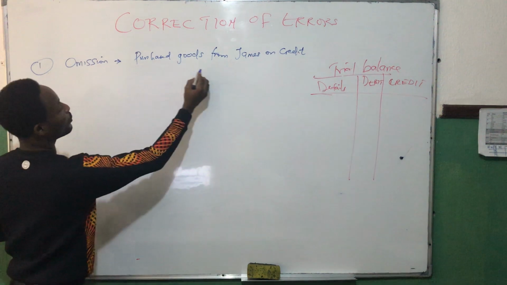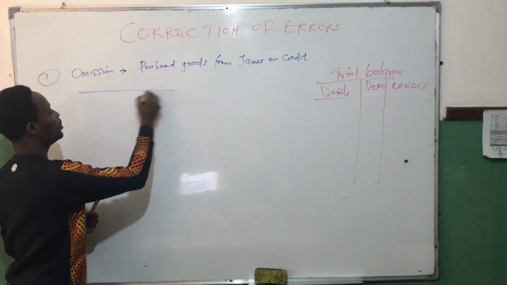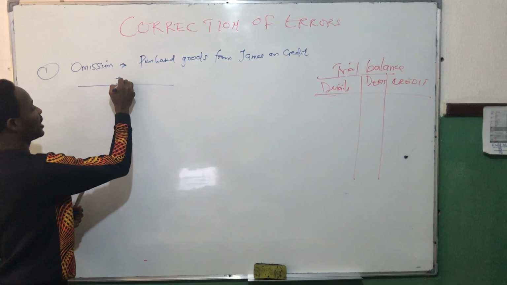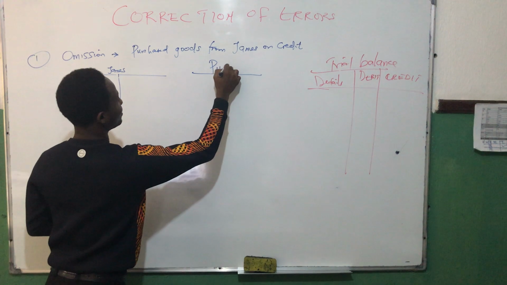Since it is an error of omission and it was omitted, then we just open the normal things, James' account and purchases account.